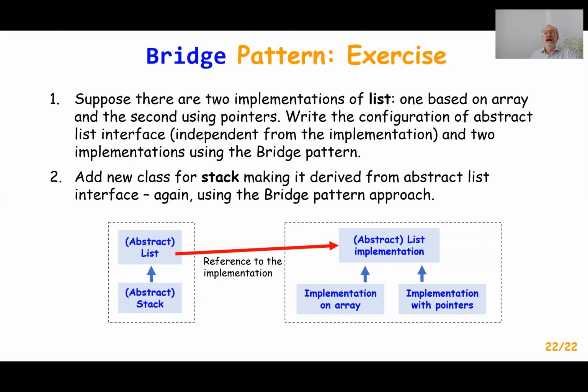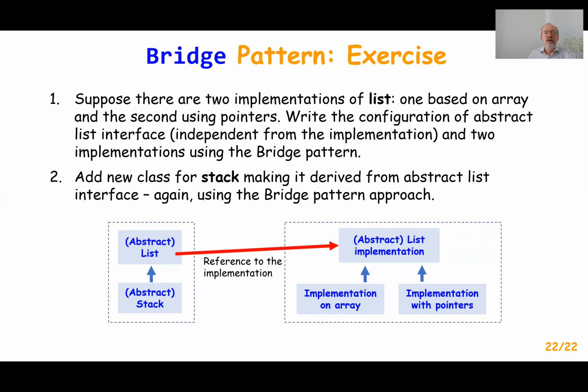So the idea of this exercise is that you write the two implementations of the list with the same interface, and write the configuration of an abstract list interface independent from the implementation, and two implementations using the bridge pattern. The configuration looks very much like the previous one for the GUI example, but it is about lists.